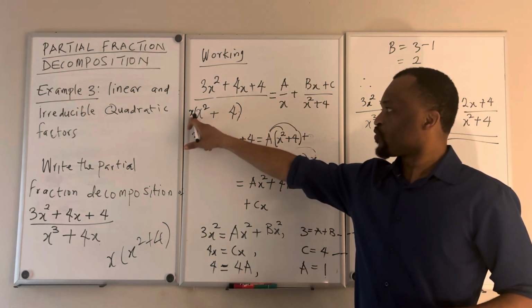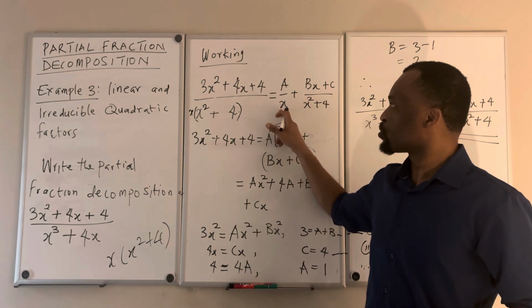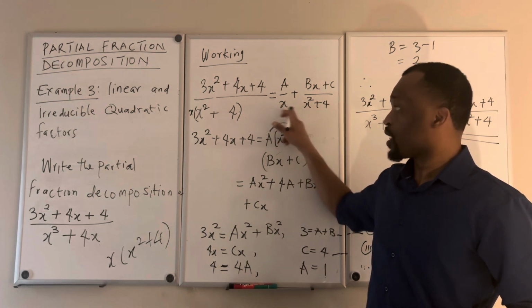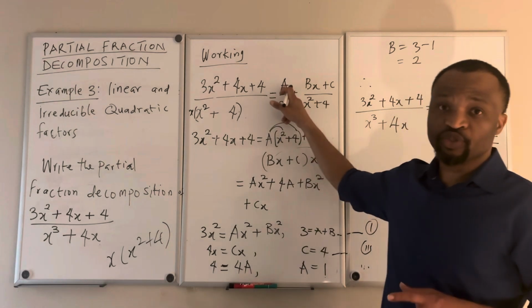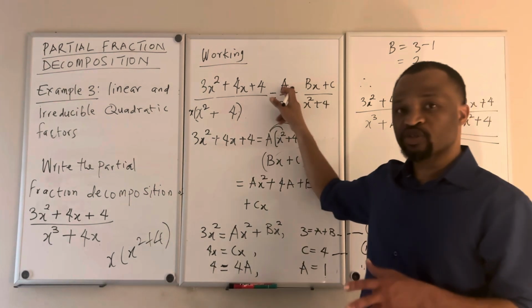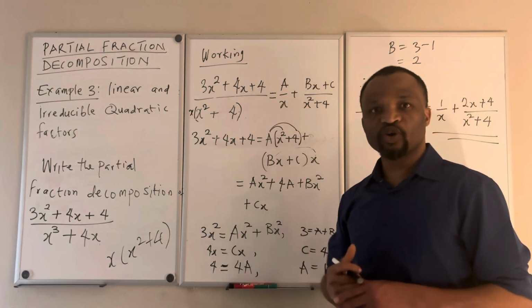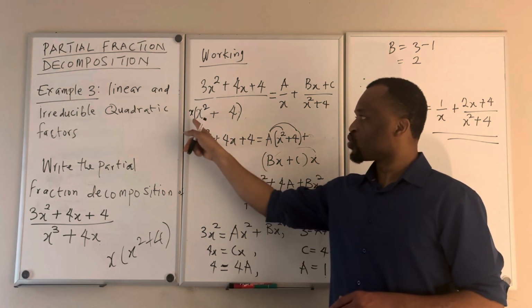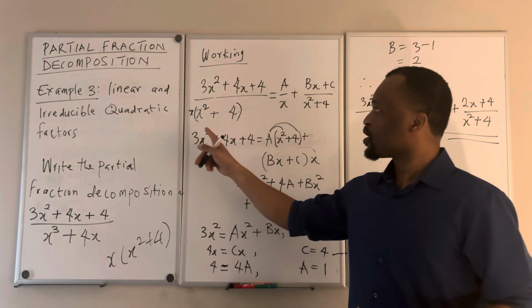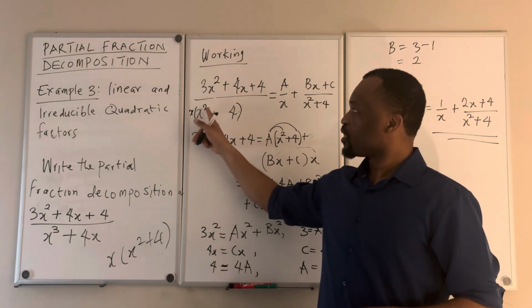For the linear function, we already know that we write at the denominator x, and at the numerator we write a constant, which we write as an unknown, as you can see in all the previous examples we have done. Now, where the challenge will lie for anyone here will be the x squared plus 4.